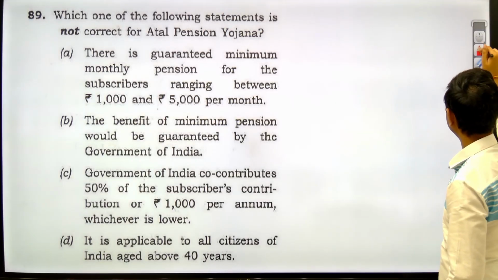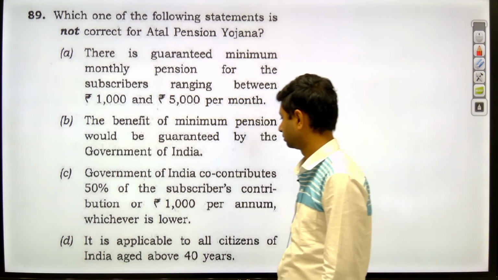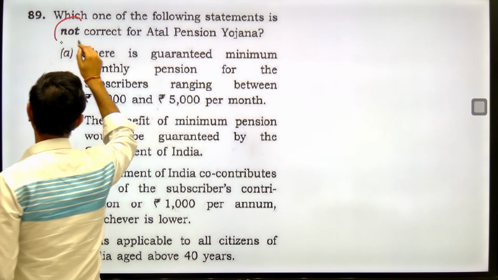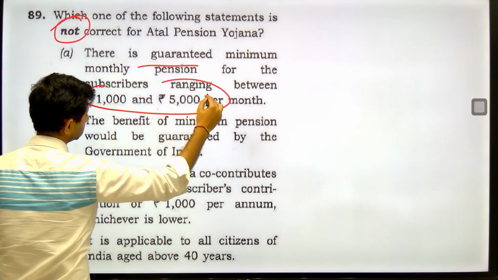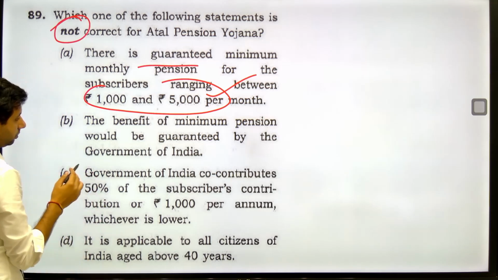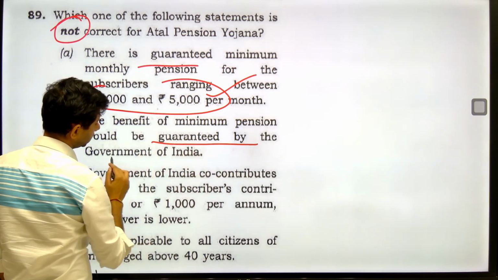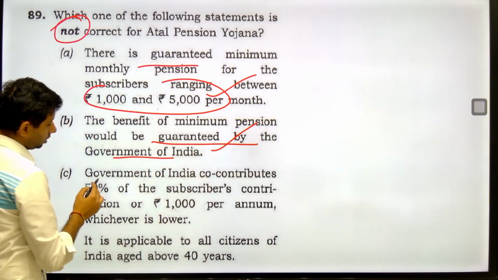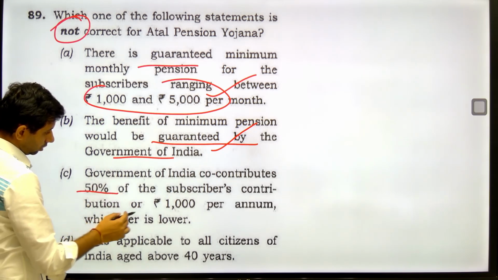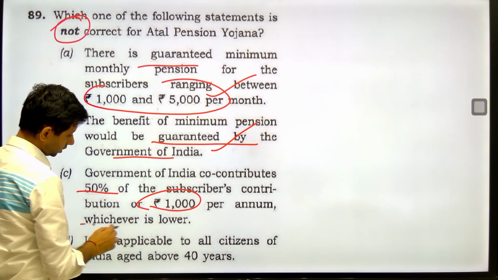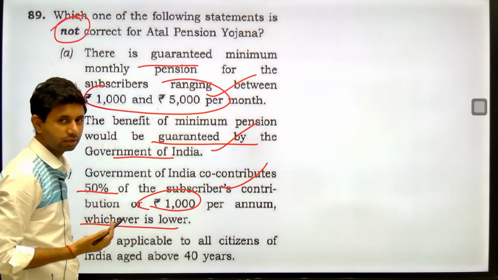See, again, Atal Pension Yojana came back. Which of the following is not correct? Guaranteed minimum pension between 1,000 and 5,000, correct. The benefit of minimum pension would be guaranteed by the central government of India, correct. The Government of India contributes 50% of the subscriber's contribution or 1,000 rupees per annum, whichever is lower. It was initially there, okay.